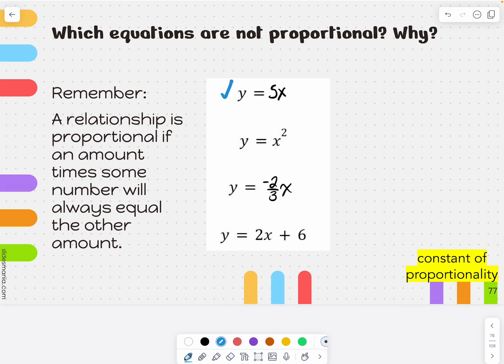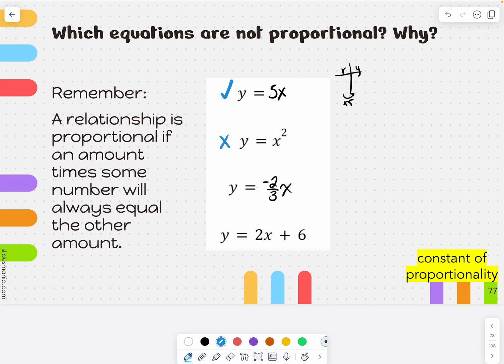This first one is proportional, right? Because I'm multiplying every x value by 5 to get y. That says the same thing as in the table. If I take x and times it by 5, I'm going to get the y value. That's all that it means.